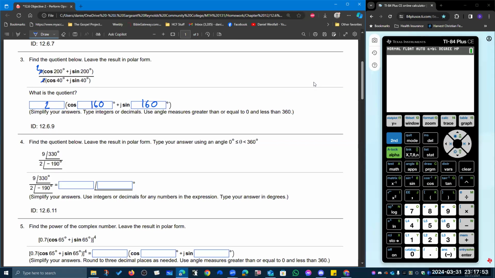And now we have 9 halves is 4.5, and then 330 minus a negative 190 is 520, which is too big. I need to subtract 360 from that. It's going to be 160.